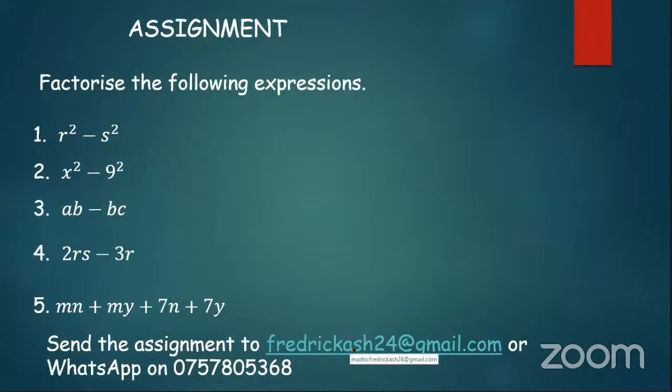Those of you who can, please send the work to that email. And those who cannot, send the work to my WhatsApp or to your group. The only challenge with your group is that you post a lot of messages there, so sometimes I may not be able to see your work. But if possible, inbox it to me or to this email.